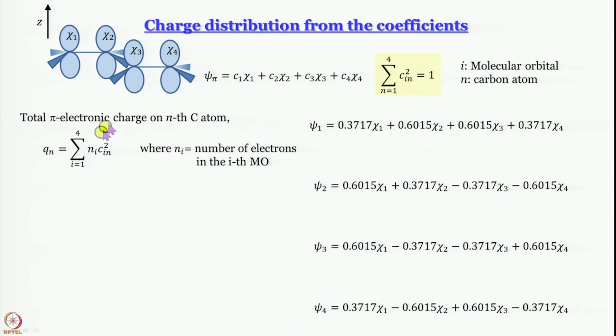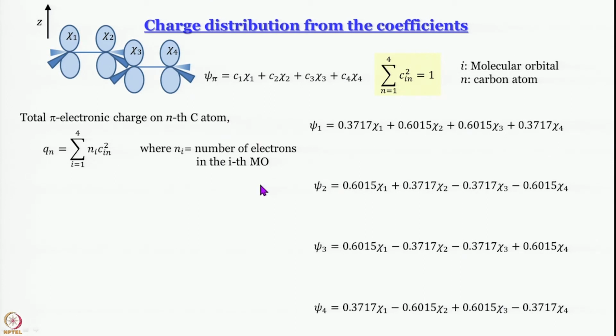Cin square is the contribution, the population you can say, and Ni is the number of electrons. So, multiply them together, you get the contribution of charge for that MO in this atom, and you sum over all the electrons, you get the total charge distribution on the nth atom.